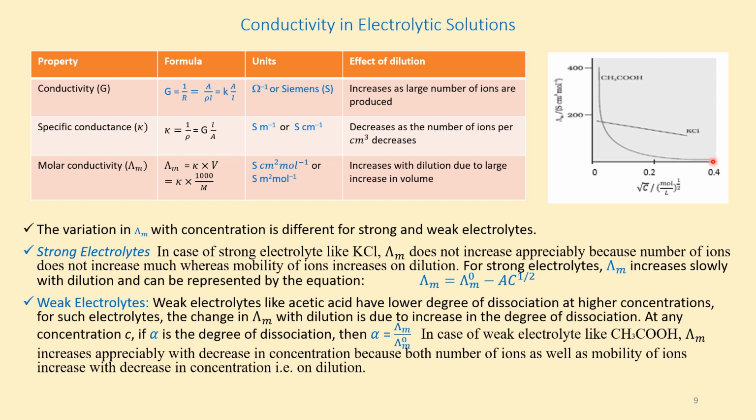As we move from right to left, toward the origin, the concentration decreases. Here you see, as the concentration reduces, lambda m increases appreciably, because both the number of ions as well as the mobility of ions increase with decrease in concentration, that is, on dilution.